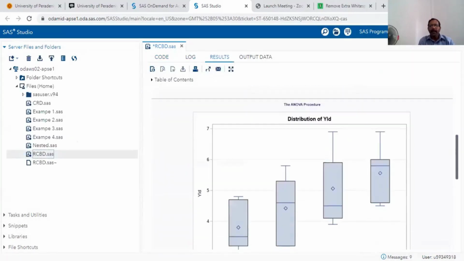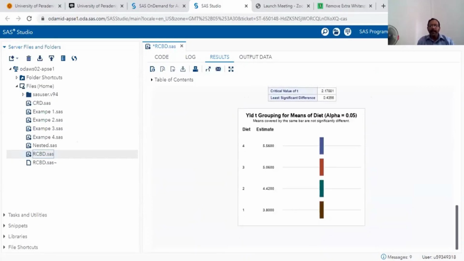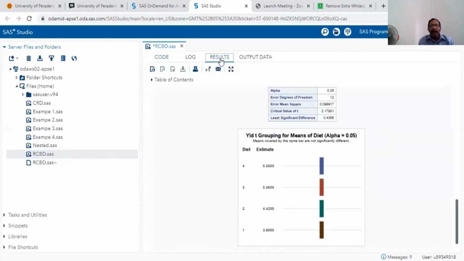Now you see this table, we know it already. Now interesting, again the same story. All are having different colors. I'm going to play around a little. Just a second. Diet 4 and 3 have high values.